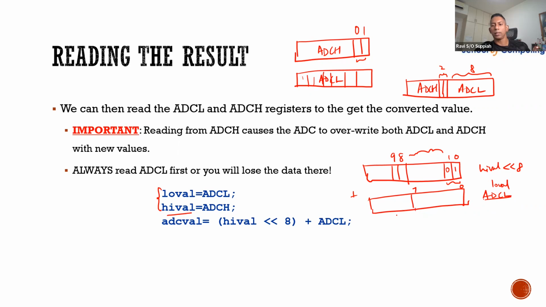So this will give me the final answer, which is the full 10 bits from 0 to 9. So that is what is happening over here when I do the reading of the values.